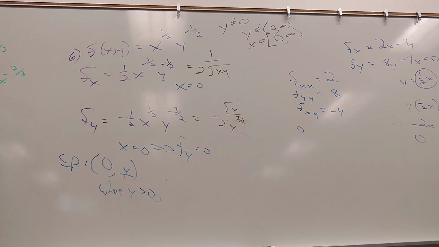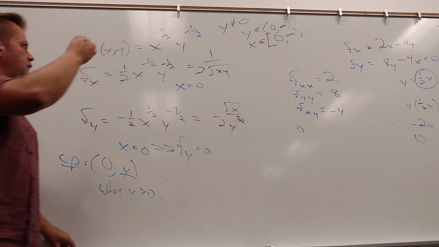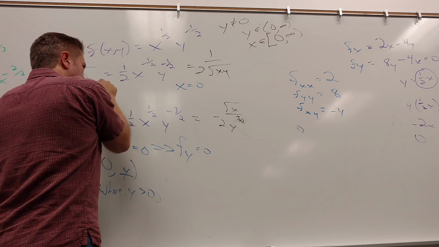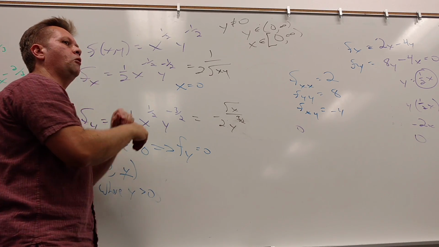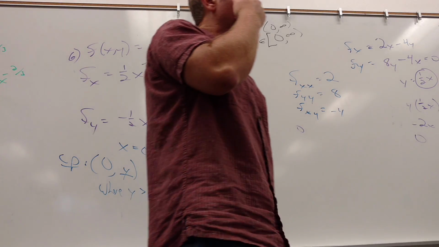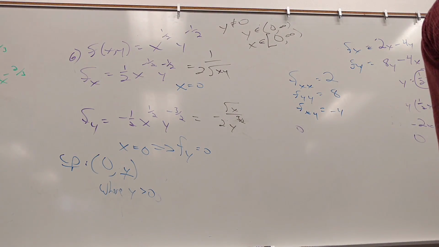So critical points are not just where the derivative is 0, it's also where it's undefined. Period. Yeah, exactly. So yeah, this is Calc 1. But you get your critical points from making the derivative, in this case the partial derivative, 0 or where it's undefined. And there just weren't a lot of examples of functions, I don't think in the homework there were many at all, where it was undefined.